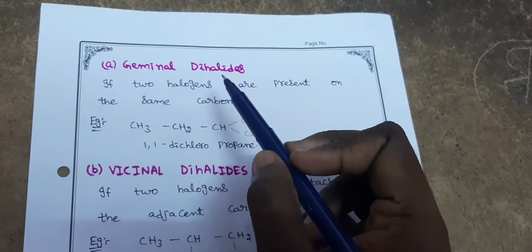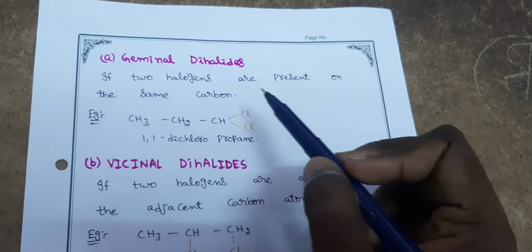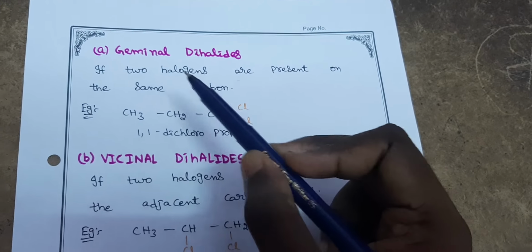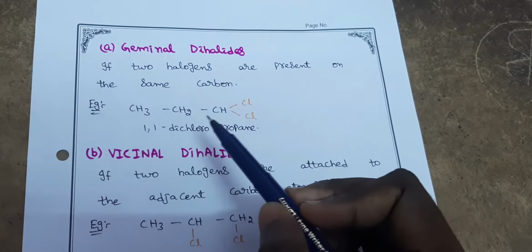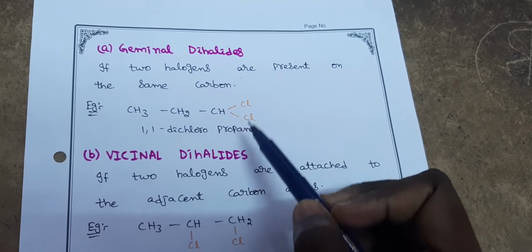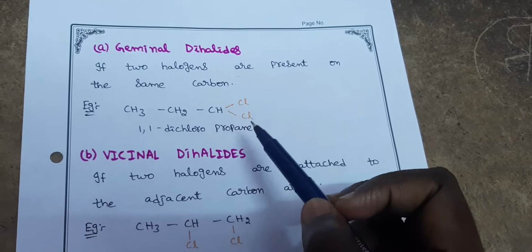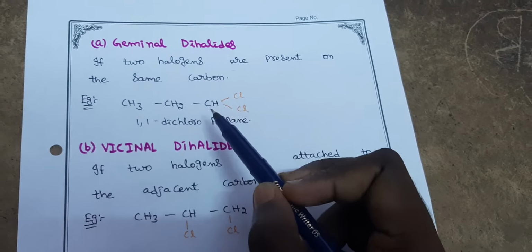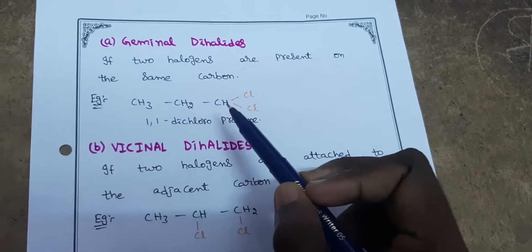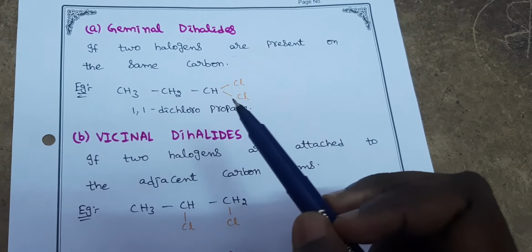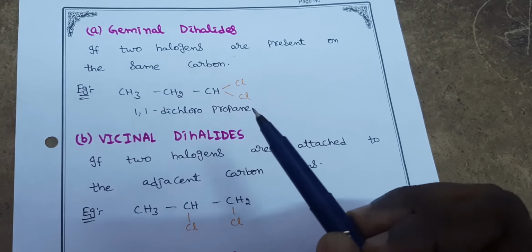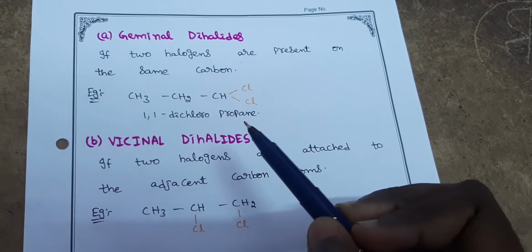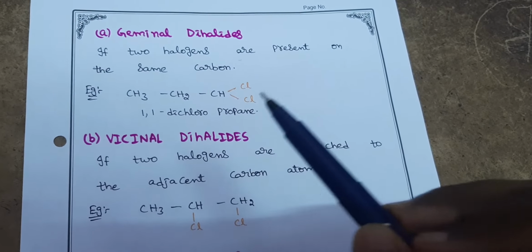First, geminal dihalides. If two halogens are present on the same carbon, then that dihalide is known as a geminal dihalide. See, here the two chlorine atoms, or either fluorine-chlorine or fluorine-bromine or chlorine-bromine, anything. If two halogen atoms are attached on the same carbon atom, then that particular dihalide is known as a geminal dihalide. So this 1,1-dichloropropane is a geminal dihalide.